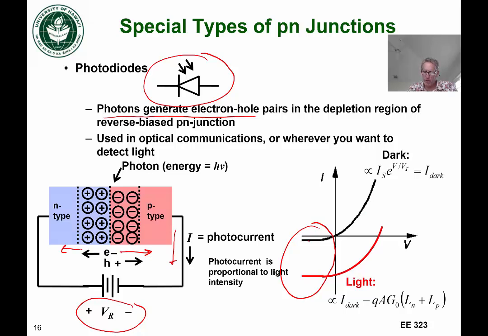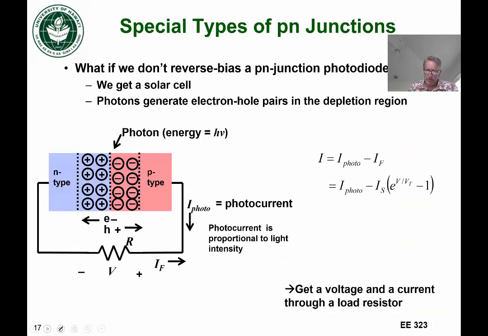And so when it's dark, we follow one IV curve, this dark IV curve. And then when it's light and we're creating these extra electron hole pairs, the current is more negative, and we get this increase in negative current to detect the light, essentially. And this photocurrent is proportional to the light intensity. So the brighter the light, the more current you get.